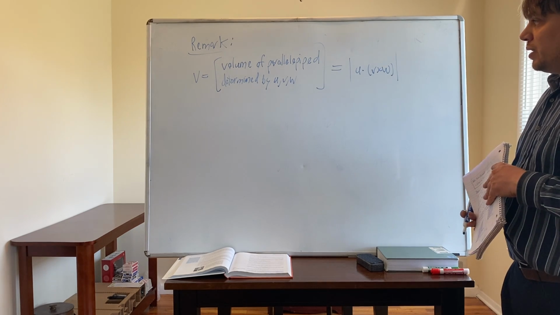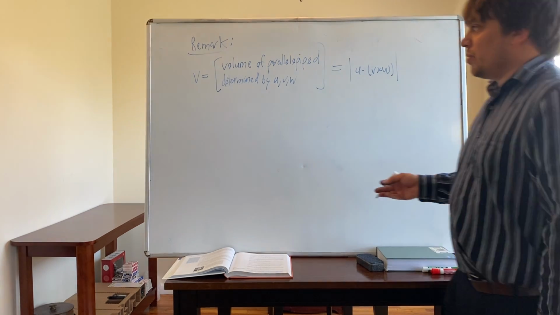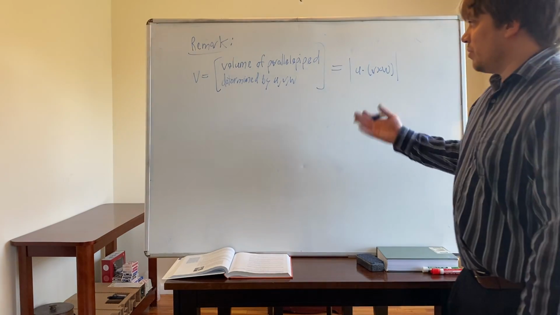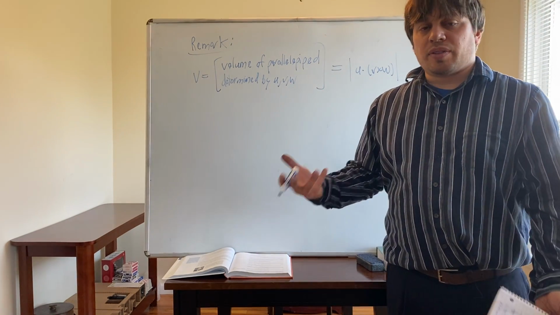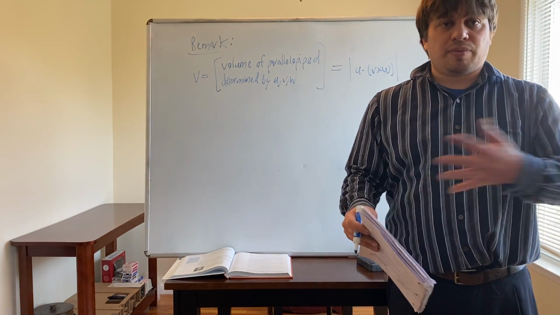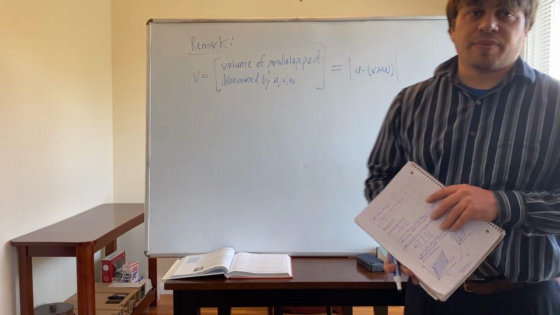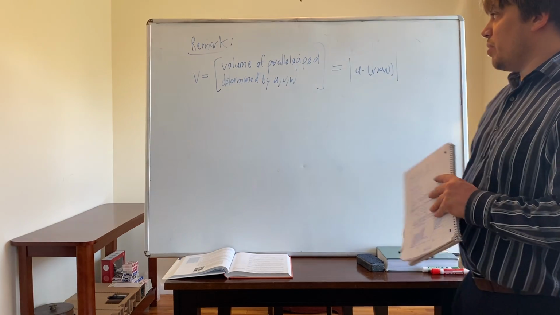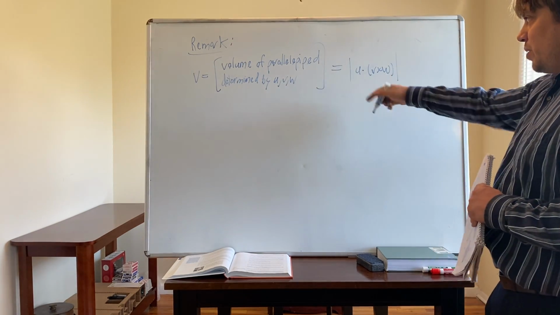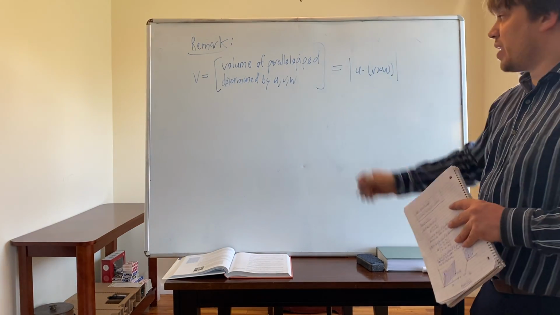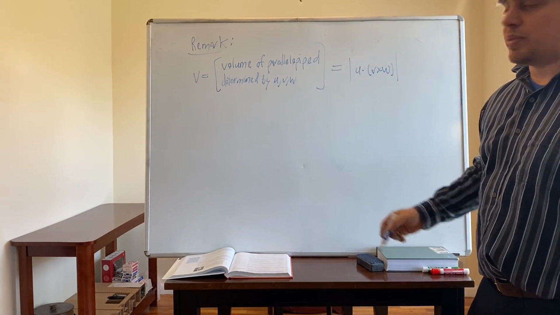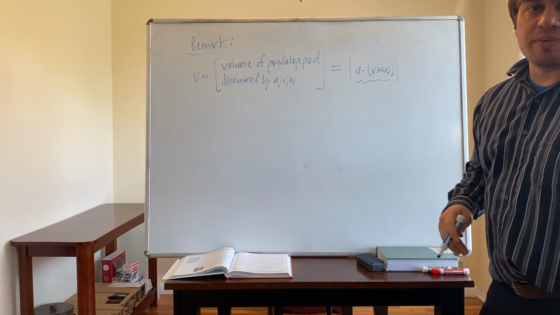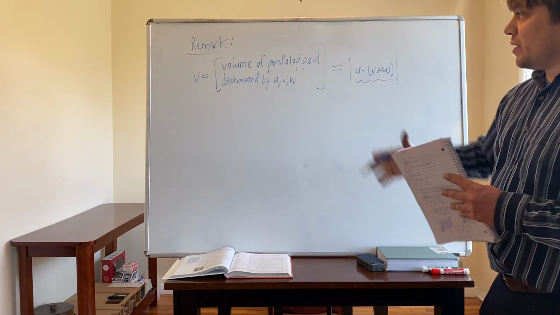So the parallelepiped I drew before, the volume of that, right? Because we're in 3-space, quantifying the amount of space something takes up is a measure of volume. And so we're finding a volume on that last board. The volume of that parallelepiped determined by u, v, and w is equal to the absolute value of u dot v cross w, the scalar triple product of u, v, and w. Absolute value.